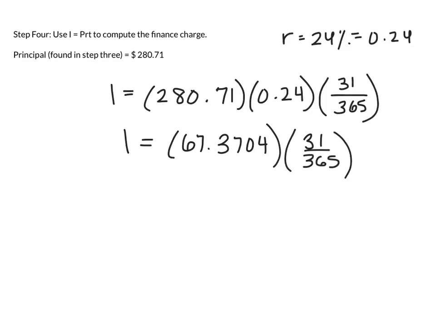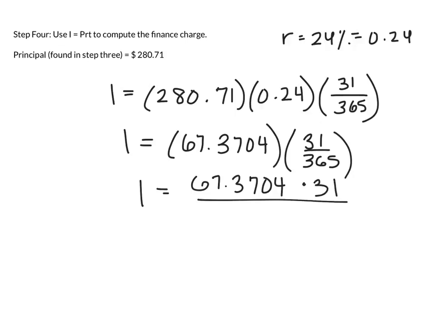We want to use fractions. Don't convert 31 over 365 to a decimal. You'll have rounding error. So in order to use the fraction, we'll just do 67.3704 times 31 and then divide that by 365.